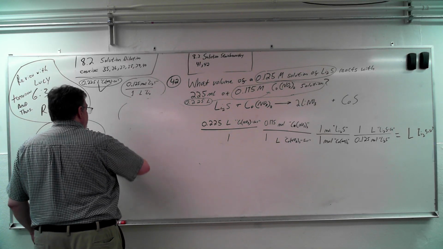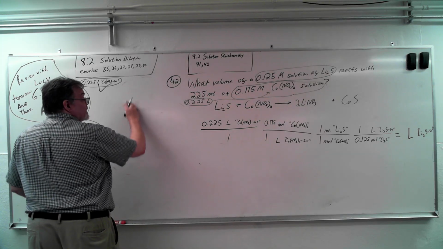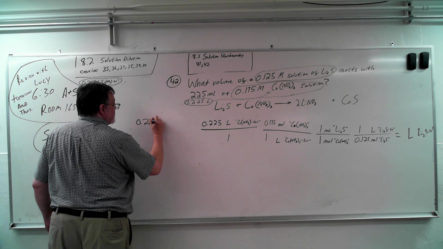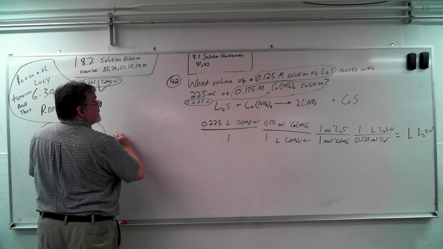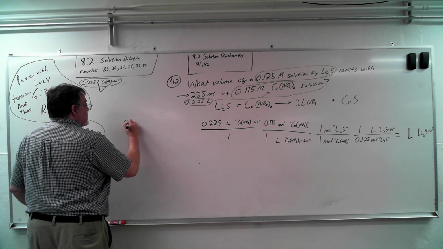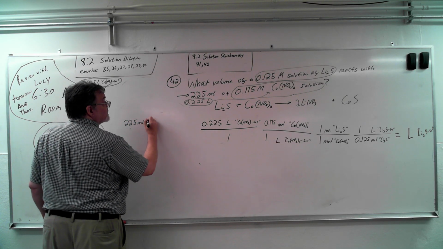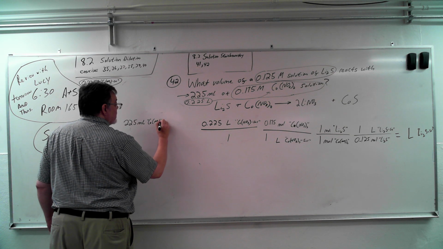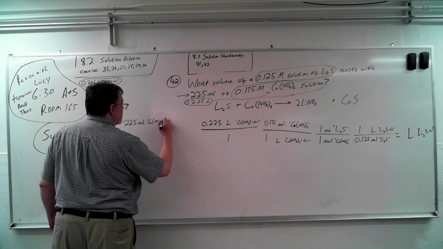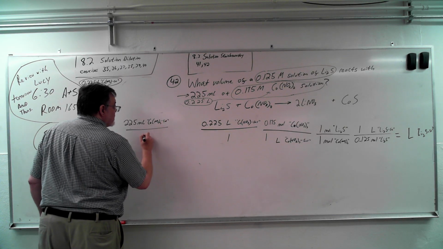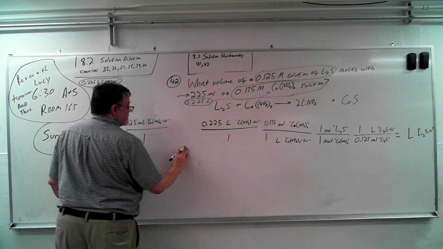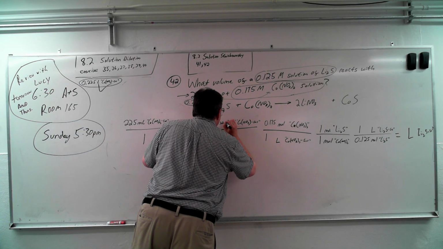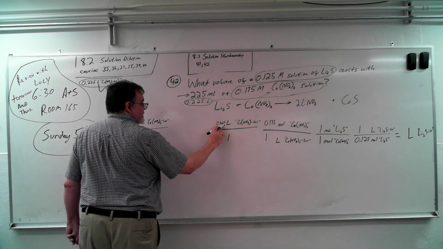But if you wanted to do the conversion really formally, let me take this term and slide it out over here. 225 milliliters of CO solution. Put that over one, and then what I would put here is 0.225.